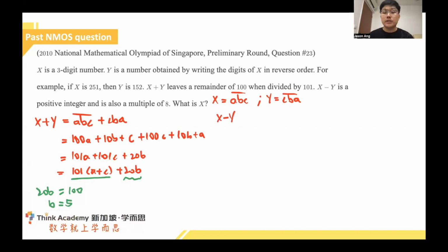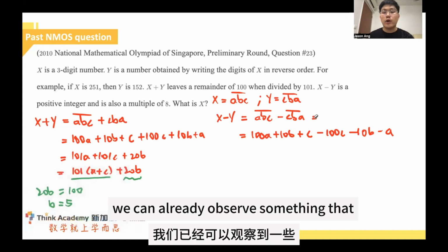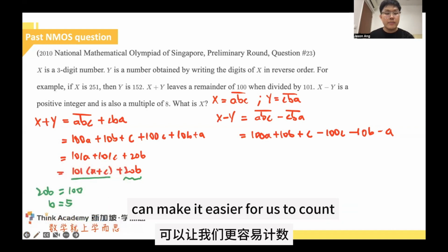Now, they said as well that X minus Y is going to be a positive integer that is also a multiple of 8. So let us write down our terms out again. ABC minus CBA is going to give us 100A plus 10B plus C minus 100C minus 10B minus A. With some cancellations here, we can observe something that can make it easier for us.